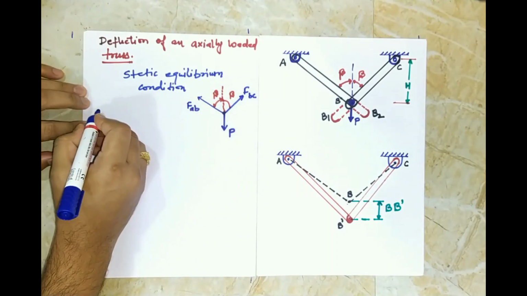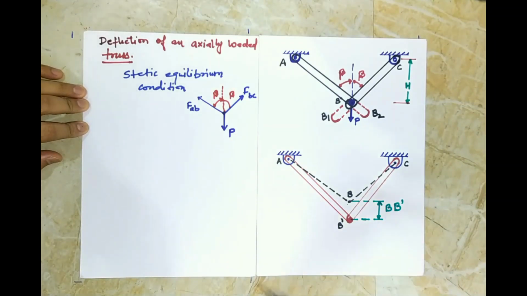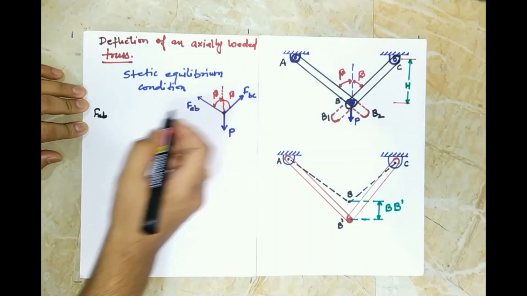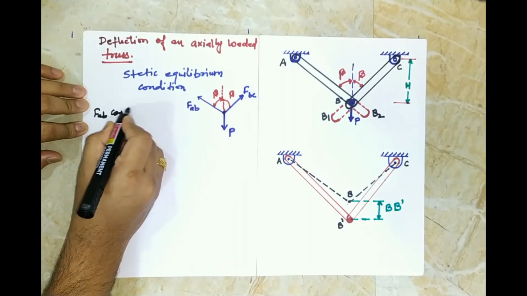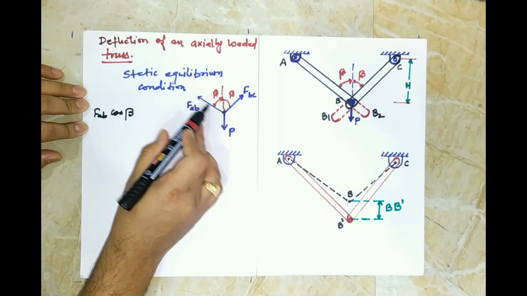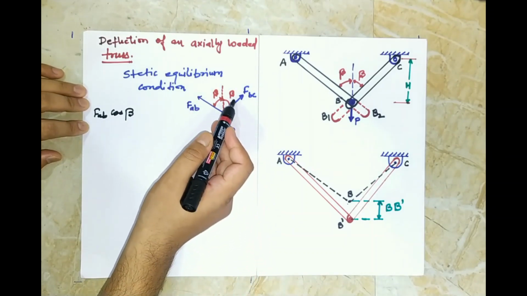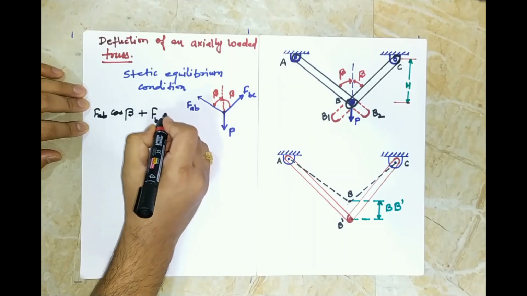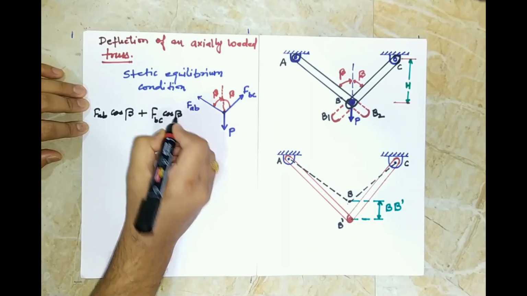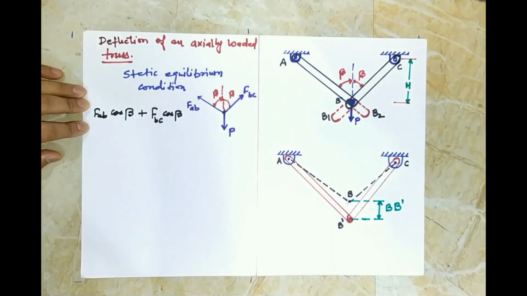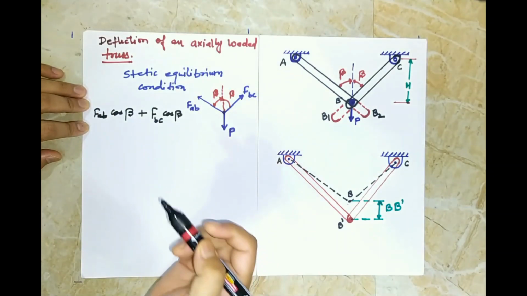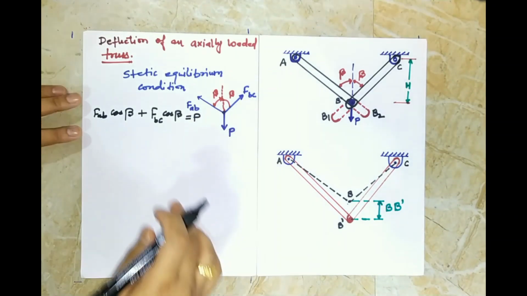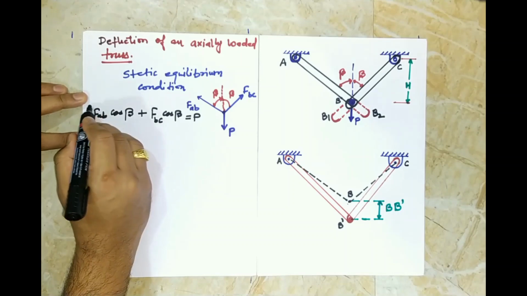In the y direction, our final equation is FAB cos beta, component of this in this direction, plus FBC cos beta. So these two are acting in the opposite direction, and P is acting in this direction, which is equal to P. So this is our static equilibrium condition.